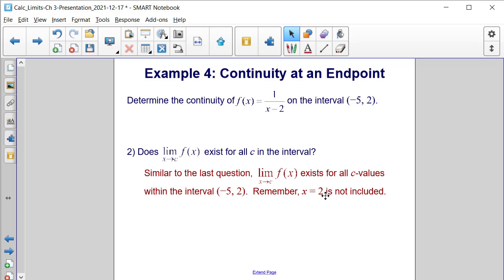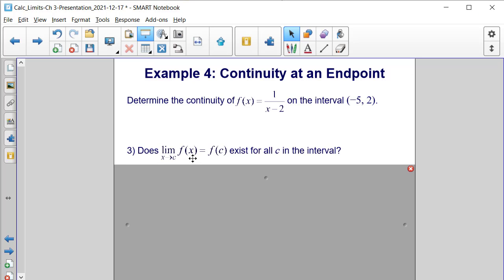Remember that x equals 2 is not included. If I was to put in x equals 1, I would get 1 divided by 1 minus 2, which is -1, so I would get a -1 value. If I substitute 0 in, I would get -1/2. If I did -1, I would get -1/3. I'm still getting all of the required values within this interval.